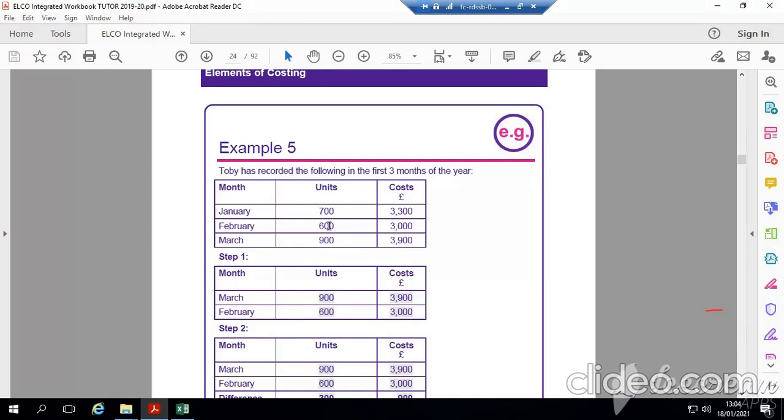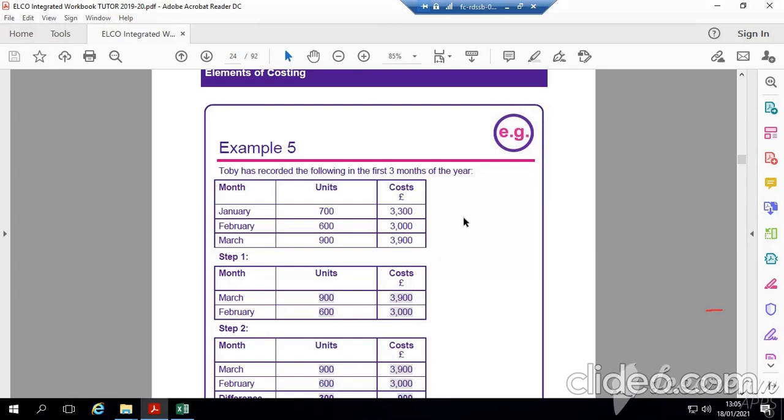For example, in January they made 700 units and the cost was 3,300. If you want to calculate the cost per unit, total cost divided by number of units gives you the cost per unit.